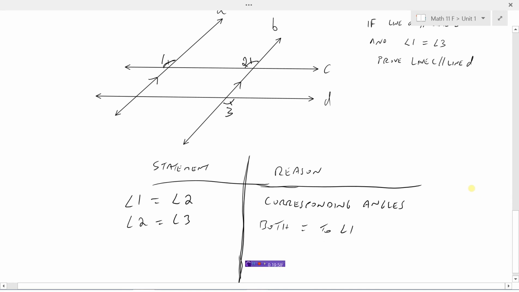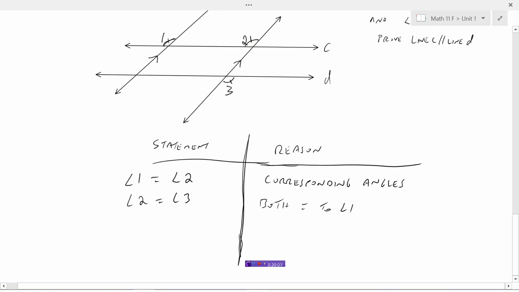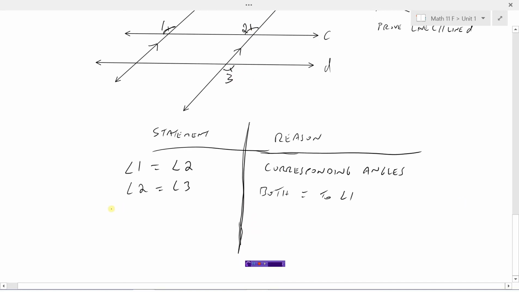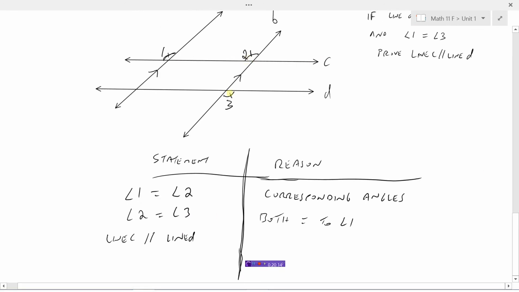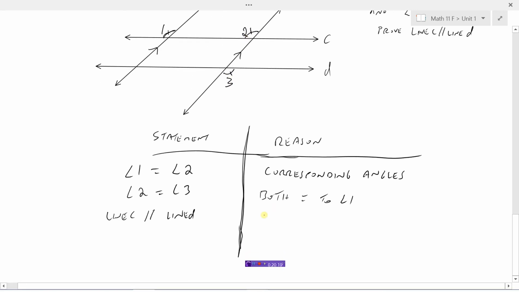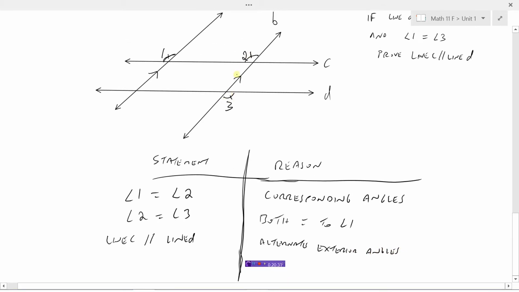So we know angle 2 and angle 3 are equal, and that means that we can now say that line C is parallel to line D. So these two lines must be parallel because these are alternate exterior angles. And alternate exterior angles are, if they're equal, then we know that these are parallel lines.